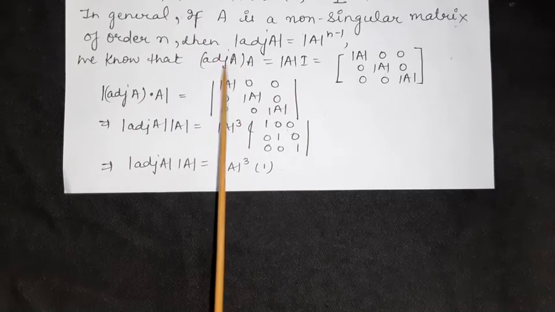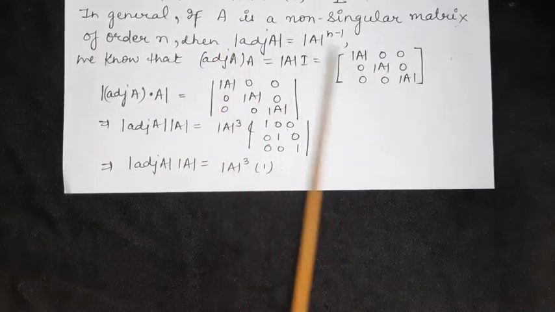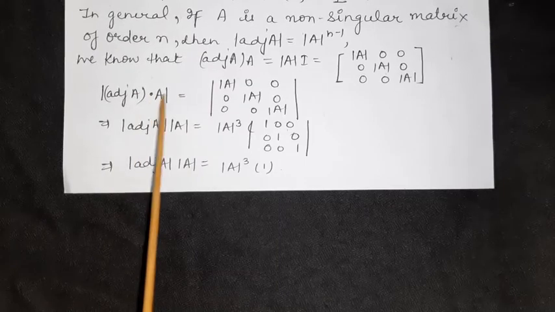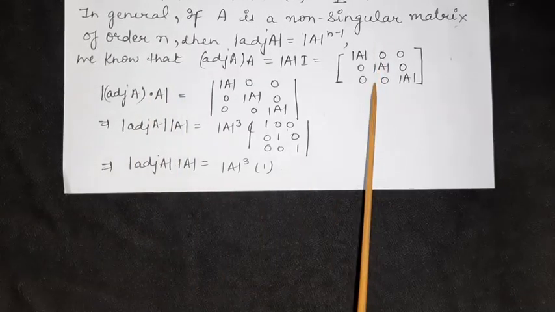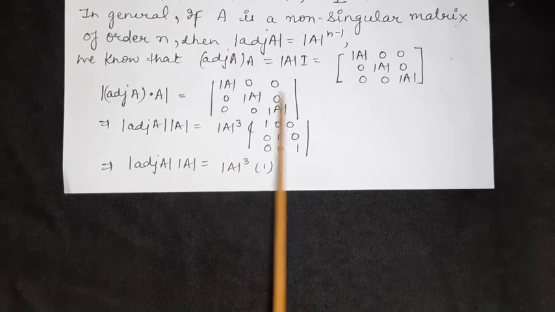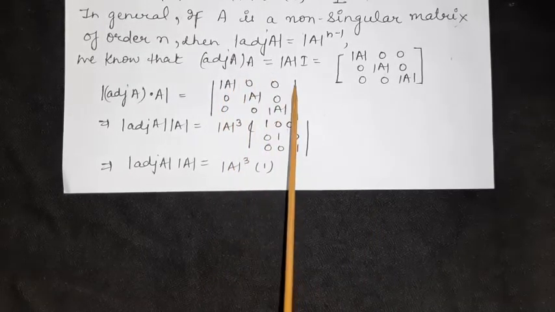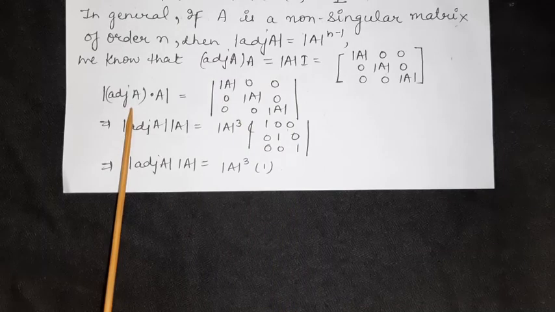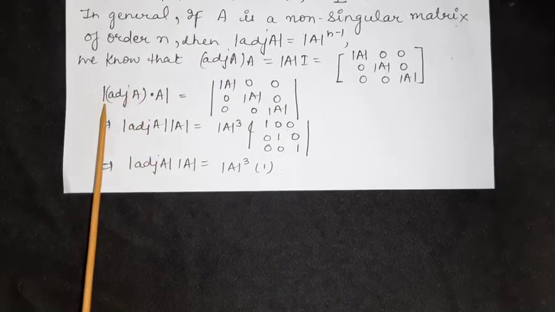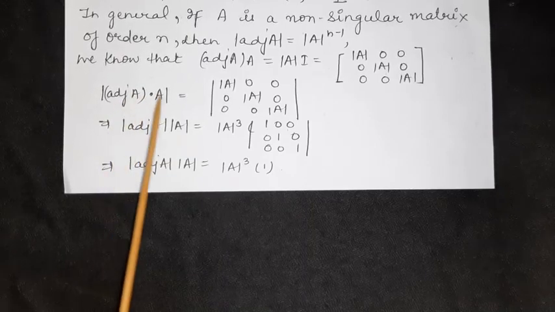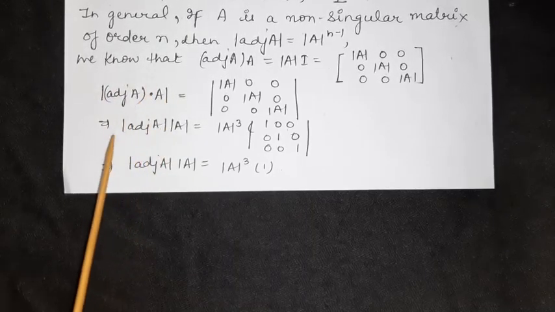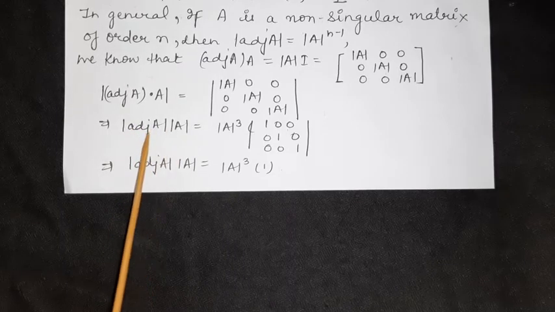Taking determinants on both sides, here you will get the determinant of adjoint A into A equals this. This is a matrix of order 3, so its determinant will be the determinant of the same matrix. Now we also know this result, that if two square matrices are of the same order, then the determinant of their product is the product of their determinants.